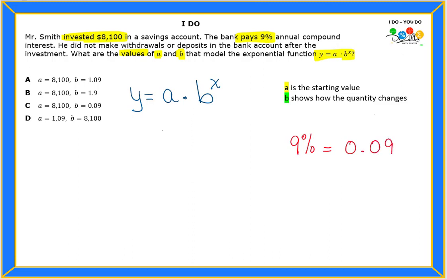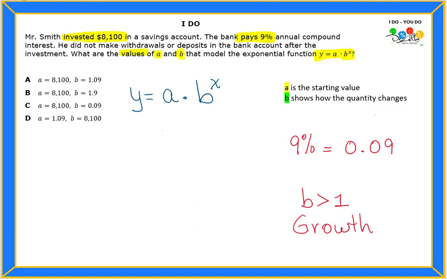Now, since we're talking about that the bank is going to pay them, that's something good, right? So that means that my B will be greater than 1, right? In other words, this will be a what? A growth. And common sense, think about it. If you are putting money in the bank and you're leaving it there for some time, right?